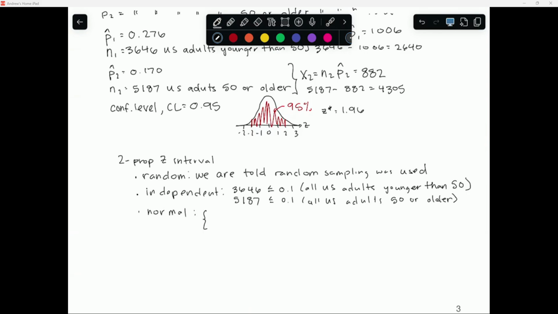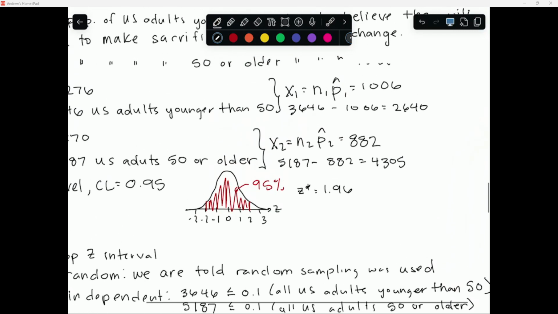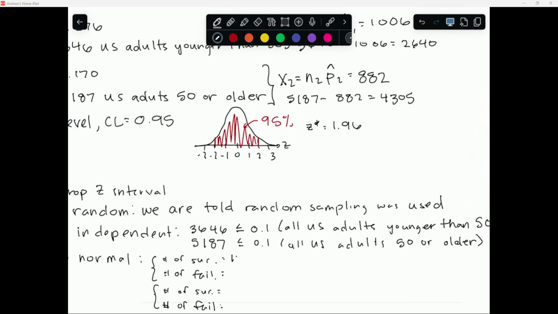Normal, we're checking both successes and failures. So number of successes, number of failures, number of successes, number of failures for second group. And we calculated those up here. So for group 1, I had 1,106 successes, and I had 2,640 failures.